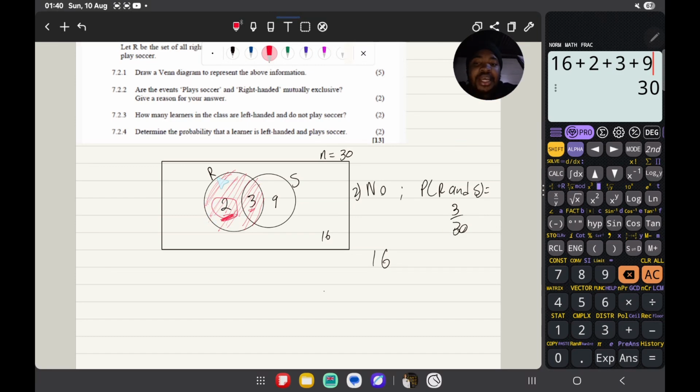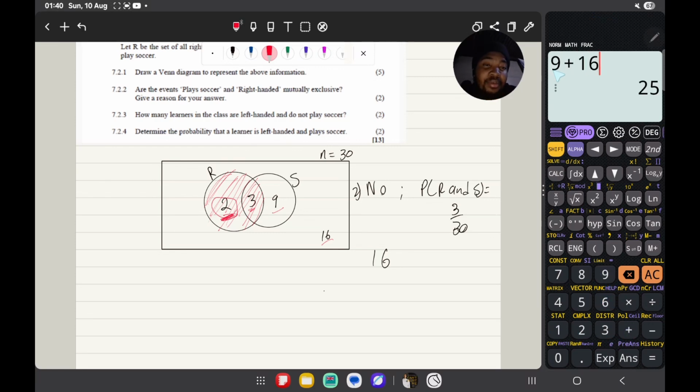So anything outside the right-handed circle is going to be people who use their left hand. That is 9 and 16. If I want to find the number of learners who are left-handed, it's 9 plus 16.